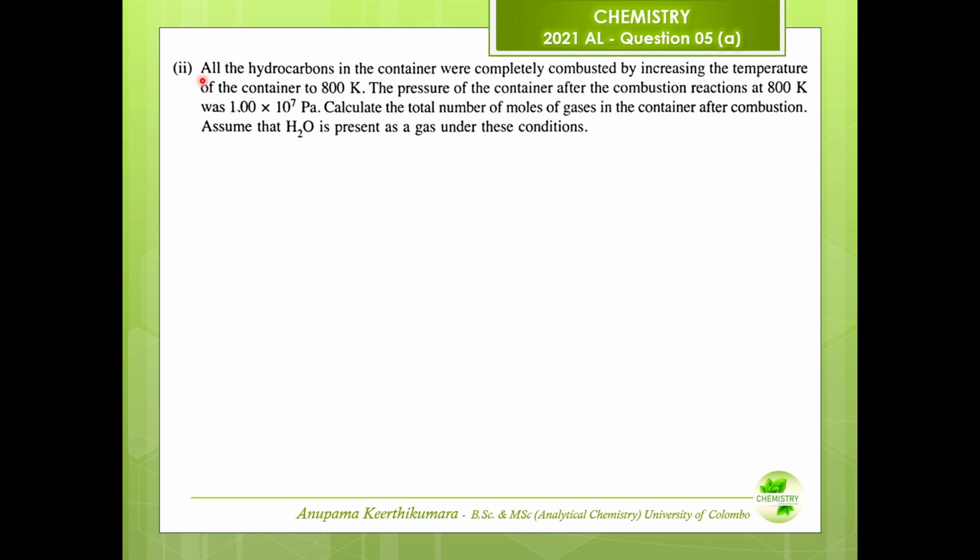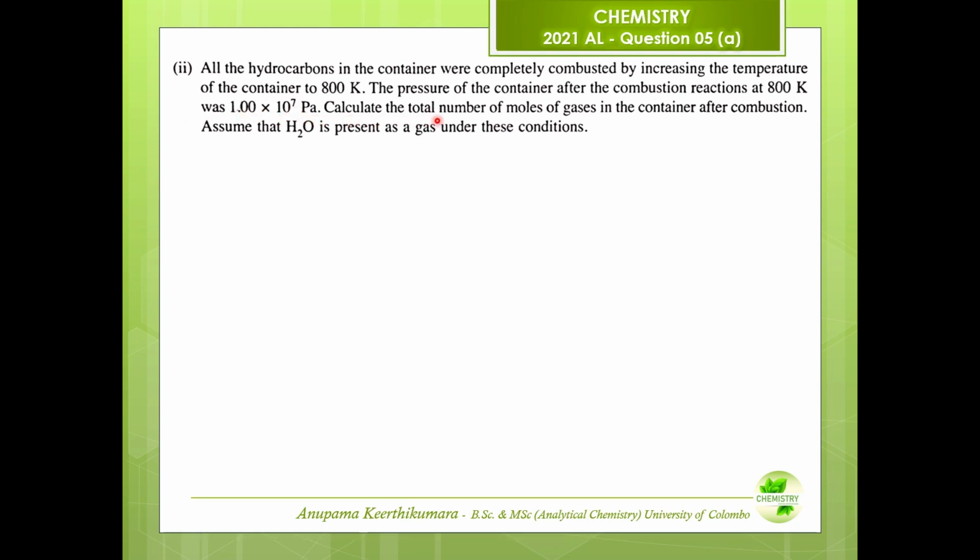Question number 2. All the hydrocarbons in the container were completely combusted by increasing the temperature of the container to 800 Kelvin. The pressure of the container after the combustion reactions at 800 Kelvin was 1 × 10^7 Pascal.